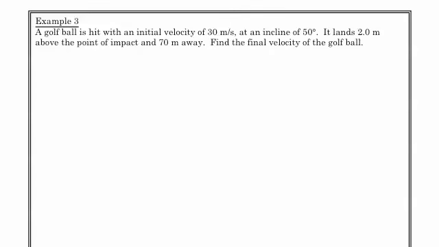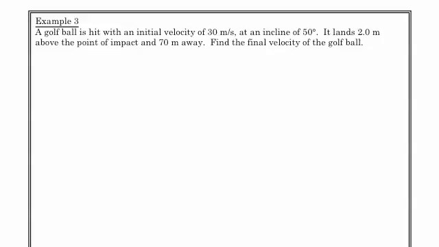Final example is a little bit different yet again. A golf ball is hit with an initial velocity of 30 meters per second at an incline of 50 degrees. So here I'm not telling you what the x component of the initial velocity is and what the y component of the initial velocity is.